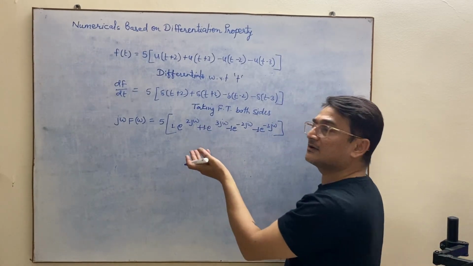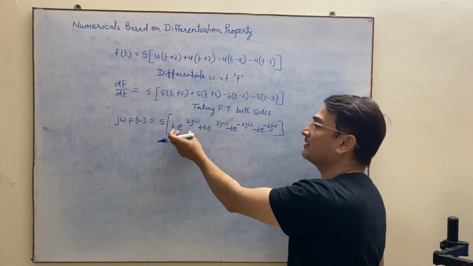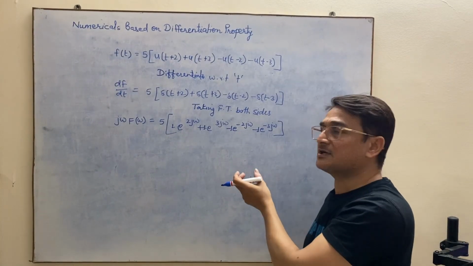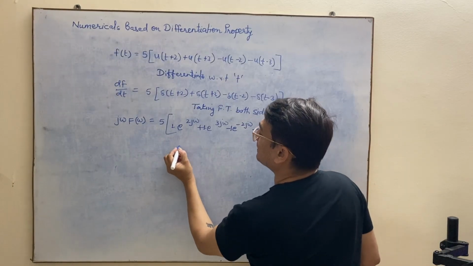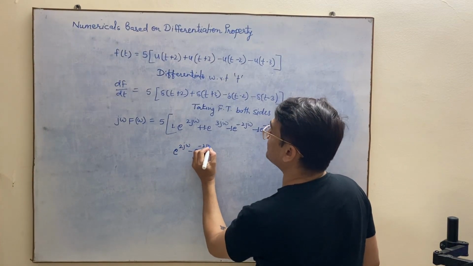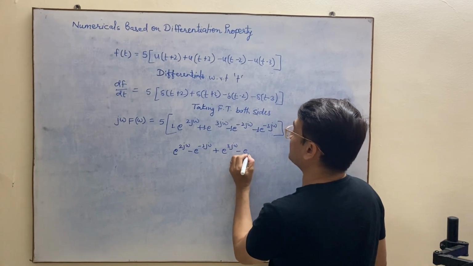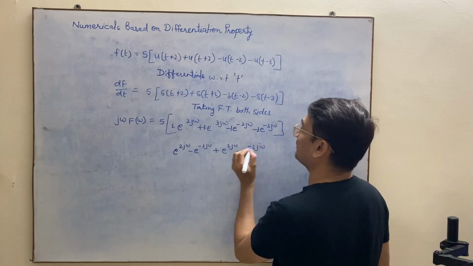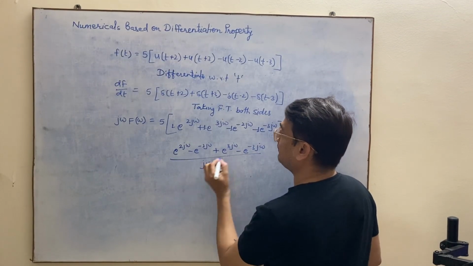That's why I have not written the 1, I have directly written the exponential terms. So now I will combine the terms: e raised to the power 2j omega minus e raised to the power minus 2j omega plus e raised to the power 3j omega minus e raised to the power minus 3j omega, upon j omega.